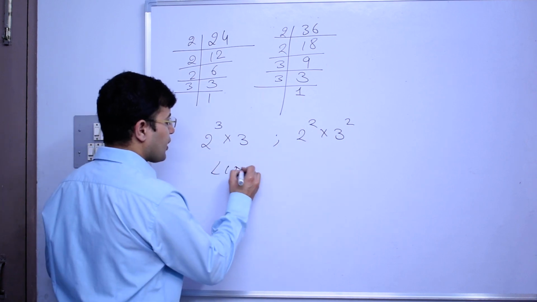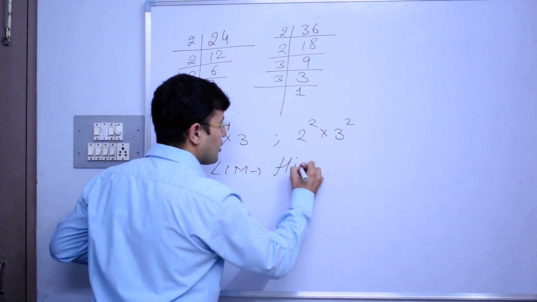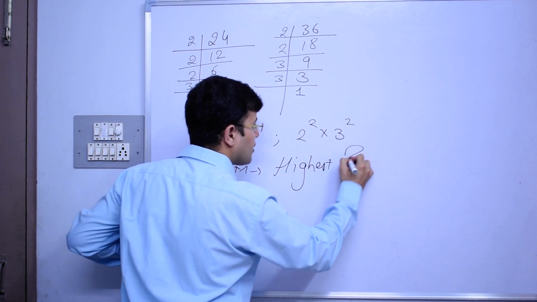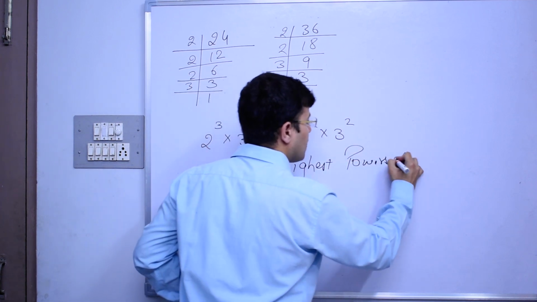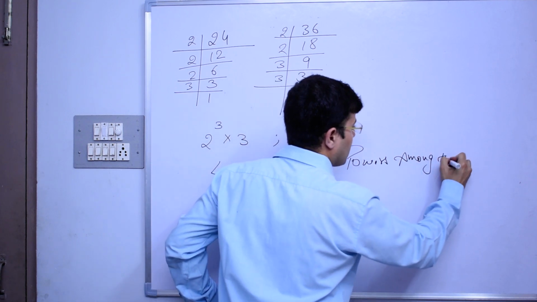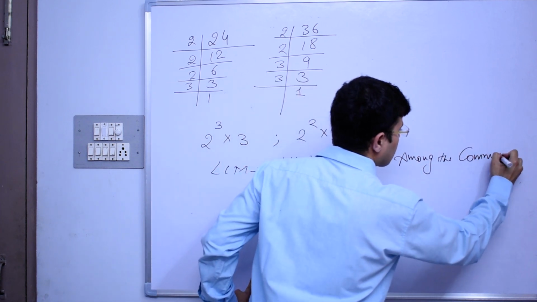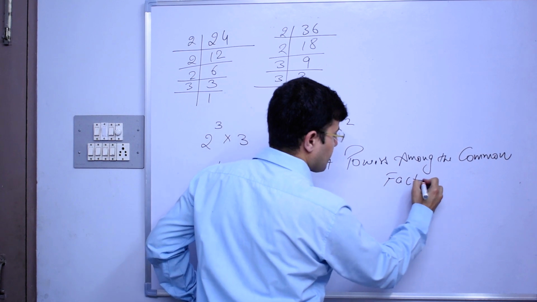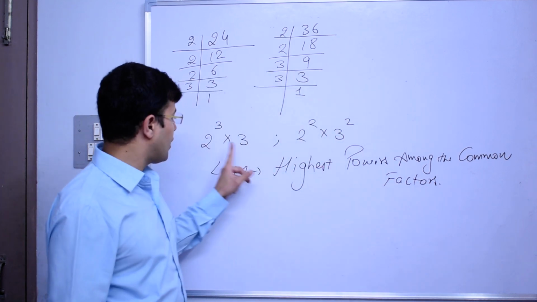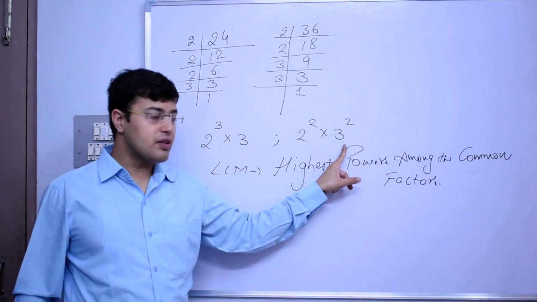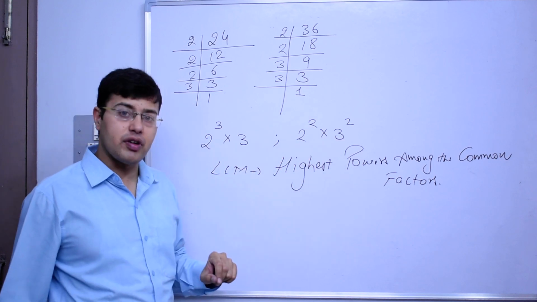Then since we are taking the LCM, we'll take the highest powers among the factors. So we have 2 and 3 in both the factorizations, but we have to choose the highest power among them.